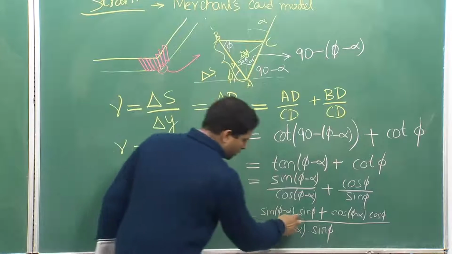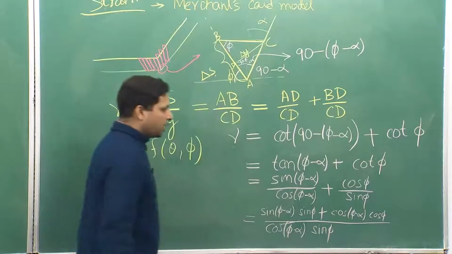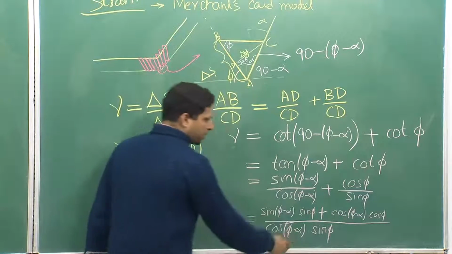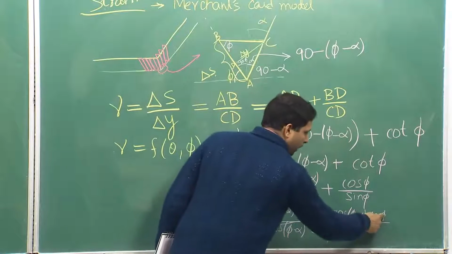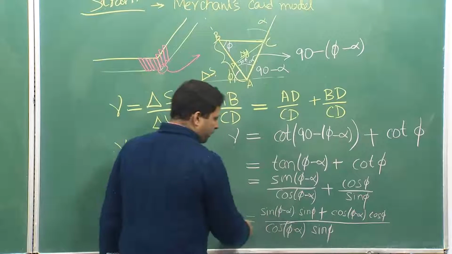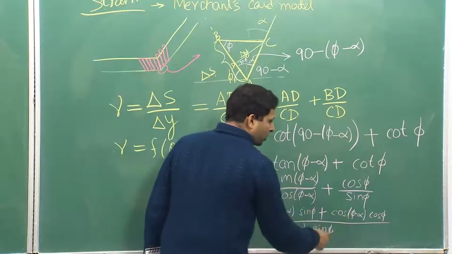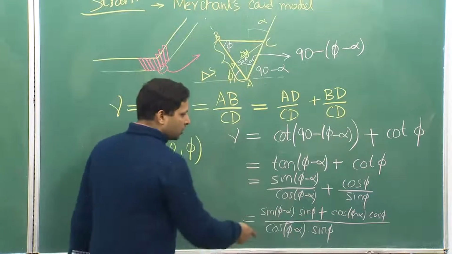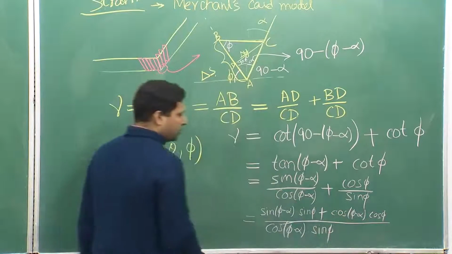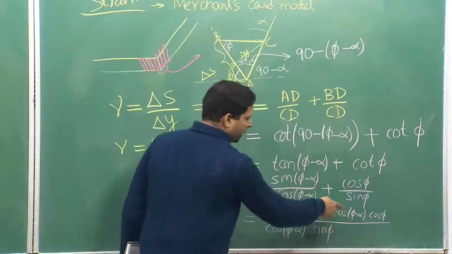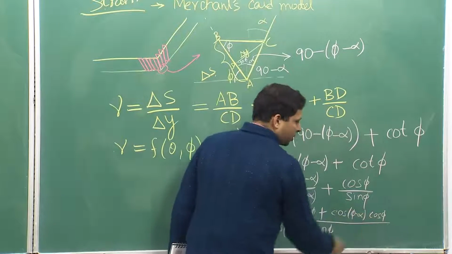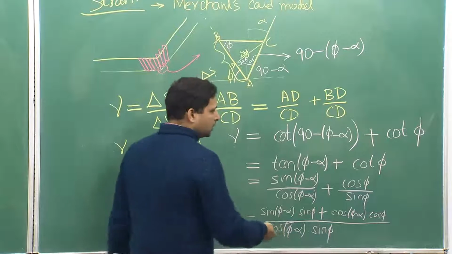Now, do you see these terms? Does it represent anything? It represents cos A minus B. You remember when we have cos A minus B, it becomes cos A cos B plus sin A sin B. So, this is nothing but cos A minus B. What are the A and B? You can take any of them as A and the other as B, because cos is an even function.